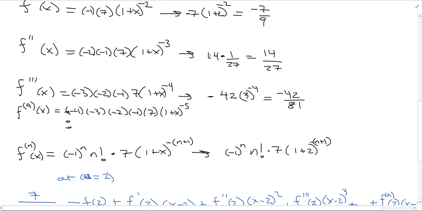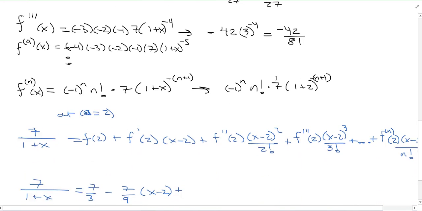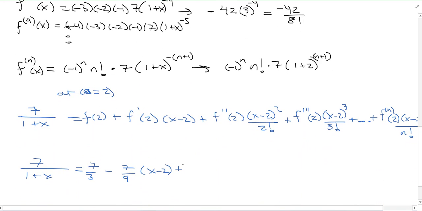Second derivative, we got positive 14 over 27, so it'll be plus 14 over 27 times x minus 2 squared over 2 factorial, and then the third derivative was negative, what was it, negative 42 over 81, times x minus 2 cubed over 3 factorial. So this will be 1, 2, 3, the first 4 non-zero terms.